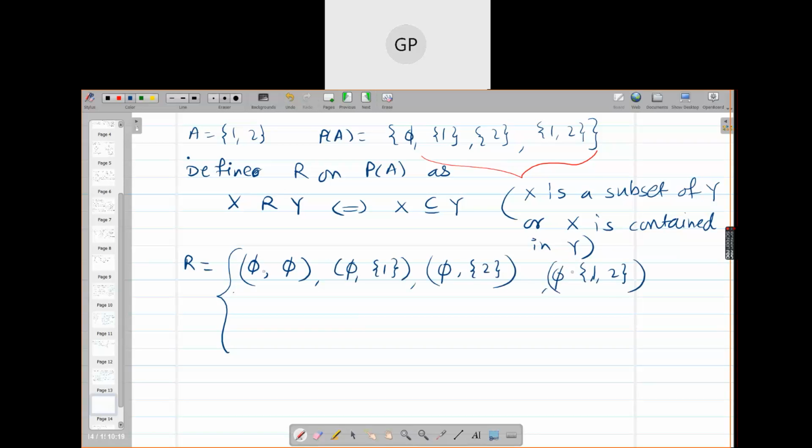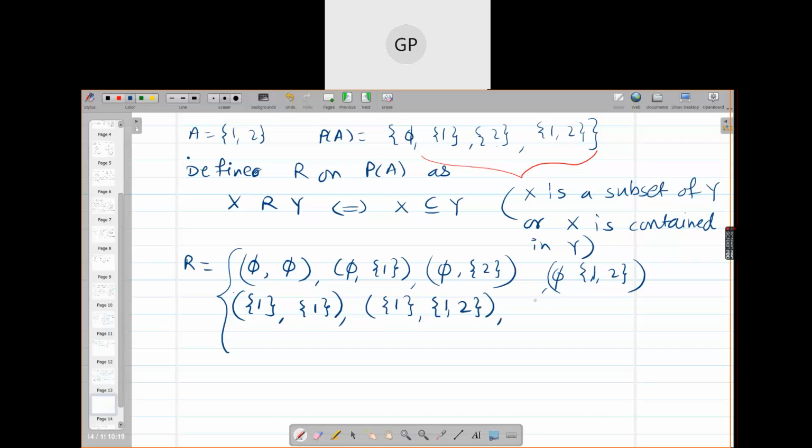Then it comes to singleton 1. Singleton 1 is a subset of itself. This relation is a partial order relation we already have seen, so it is reflexive, antisymmetric, and transitive. Now 1 is a subset of which set? Is it a subset of singleton 2? No. Then 1 is a subset of 1 comma 2, correct.